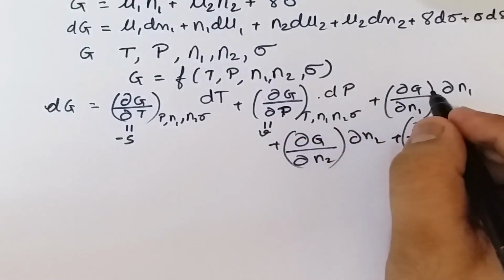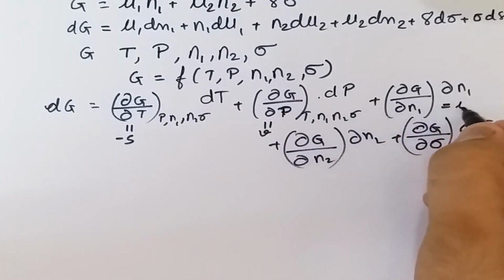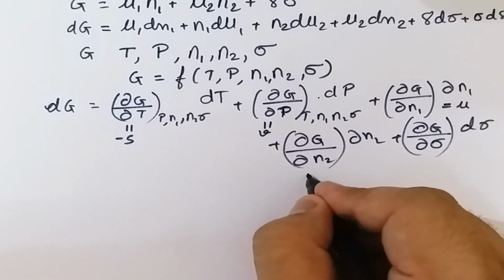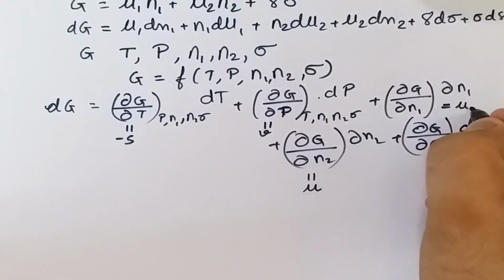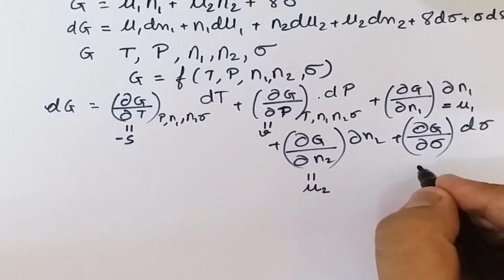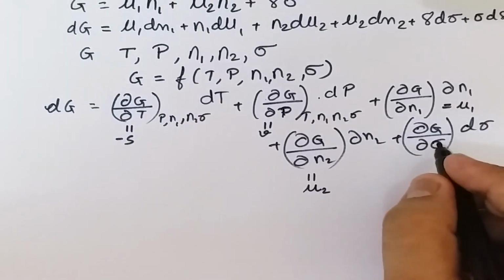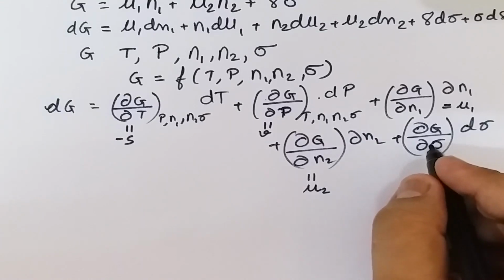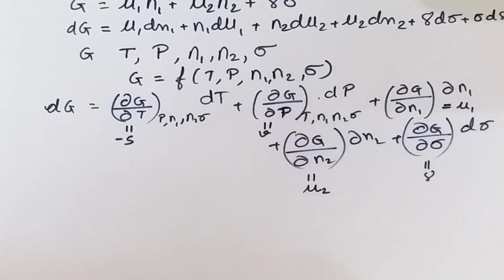Again, the change in free energy with respect to the number of moles is the chemical potential mu, so this will be equal to mu1 and this will be equal to mu2. And similarly, the change in free energy with respect to the surface area is the surface energy, which is equal to the surface tension, and hence I can write this equal to gamma.